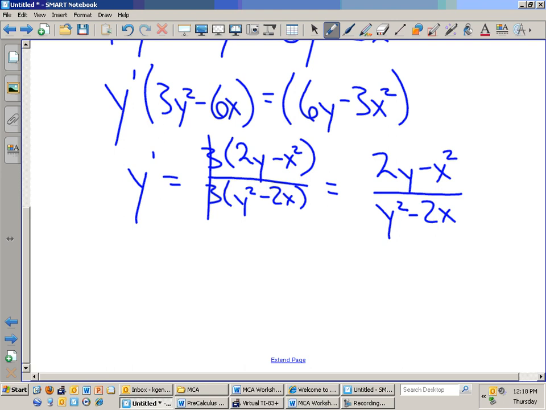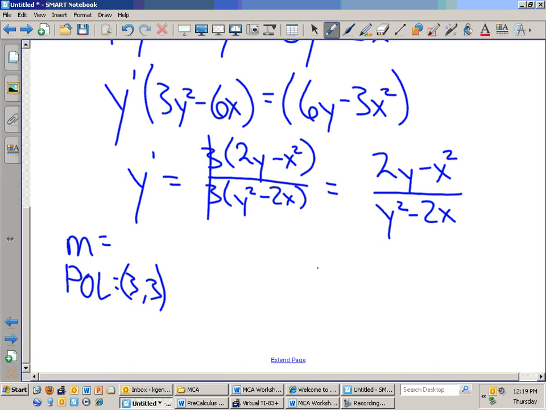What's the goal of the problem? Find an equation for the line tangent. What do I need to have in order to do that? Slope and a point on the line. We have 3, 3. How do I find the slope? Plug it in. And what's new about this is that, guys, yes, y prime is the slope, but we are not just plugging a value in for x, we're also plugging a value in for y.